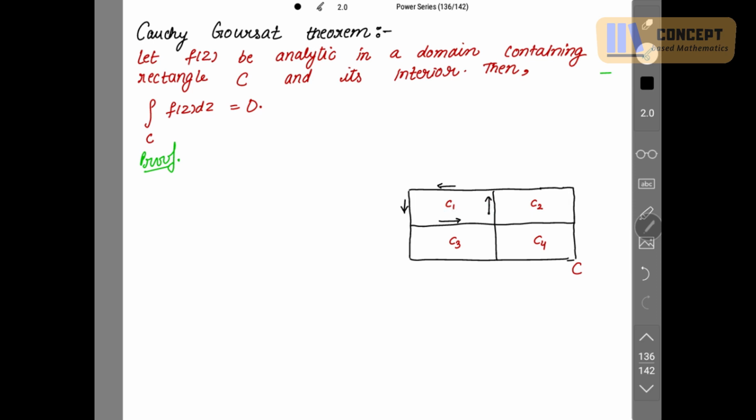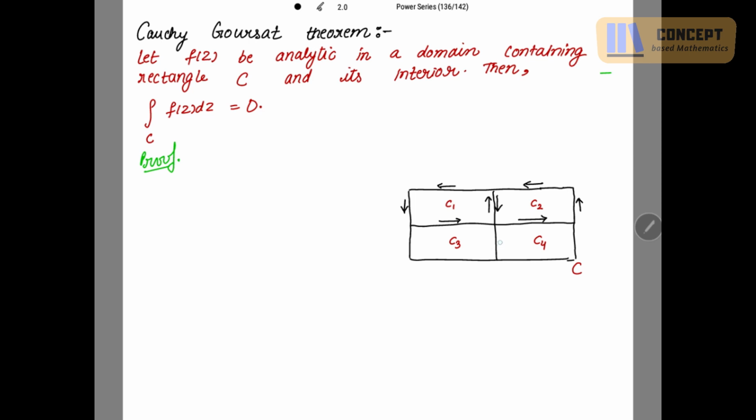So the arrow starts from here like this. Here the domain is on the left hand side and then this C1 rectangle path is completed. For C2, again the domain should be on the left hand side, so I start this path with the orientation like this. Now here the orientation is opposite to that of C1, so these two cancel each other.